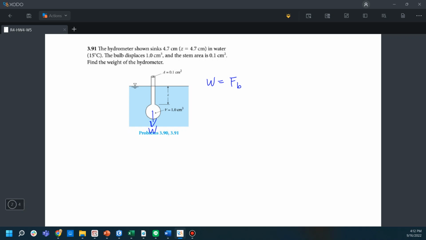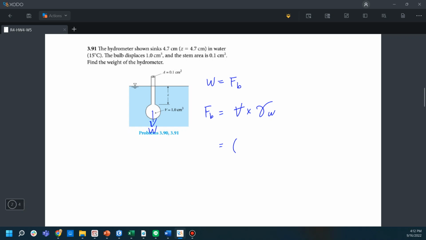Okay, so the buoyancy is equal to the volume times the specific gravity of water, because we have water inside here. Okay, so let's do it.